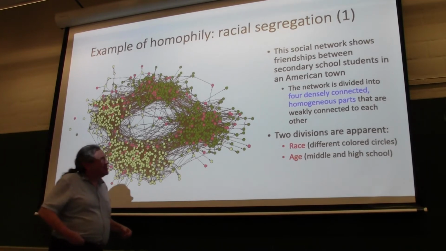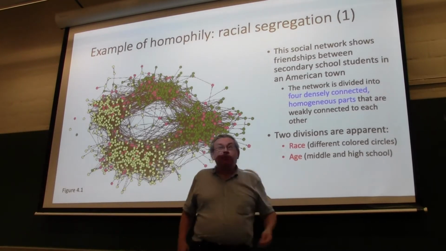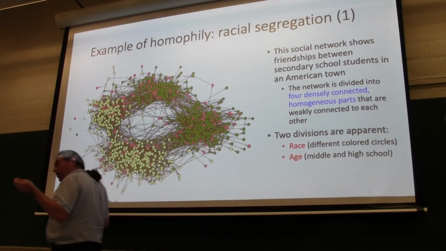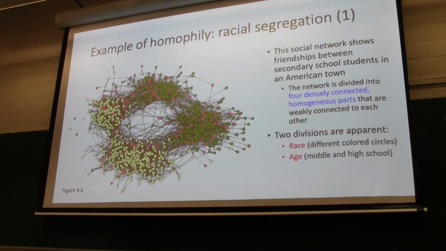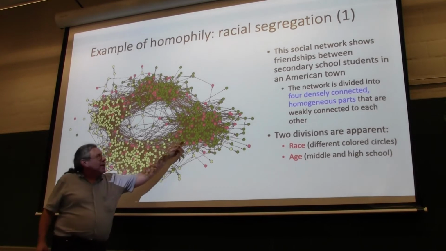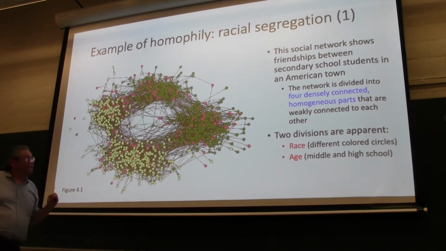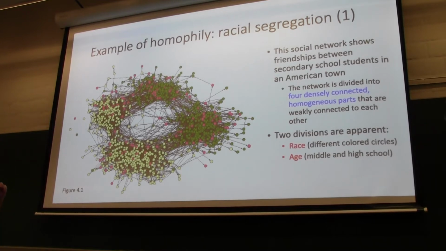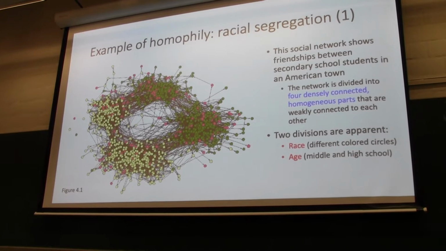Race, which means whether they're black or white or blue or green or whatever. Here probably it's black and white since this is America. And also age. In the second year you have the middle school and the high school, collège, lycée, the first 3 years and the next 3 years.